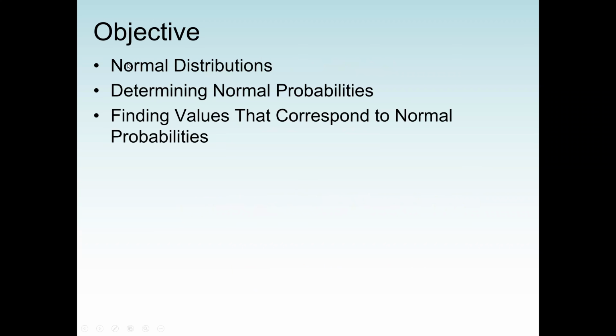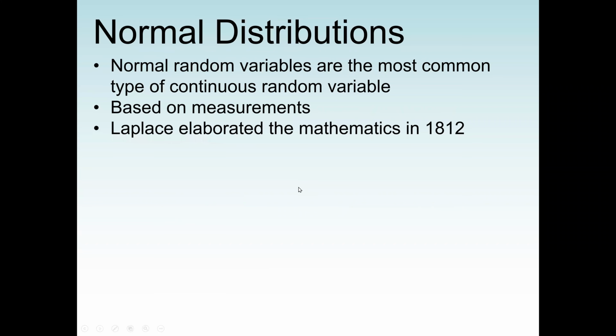So our main objective is to go through what the normal distribution is, also to determine the normal probabilities, and find values that correspond to normal probabilities. So first, what is a normal distribution? Normally, I would say a normal distribution is based on a continuous random variable.